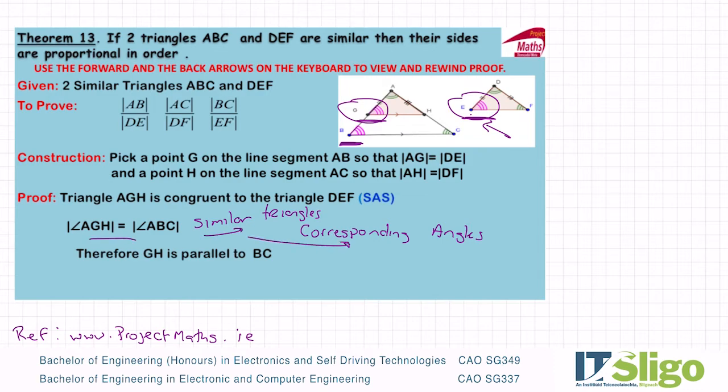They're also corresponding angles, and if they're corresponding angles, that can only happen if this line GH is parallel to BC, because corresponding angles can only occur with parallel lines. So you have now established that that line GH is parallel to BC.